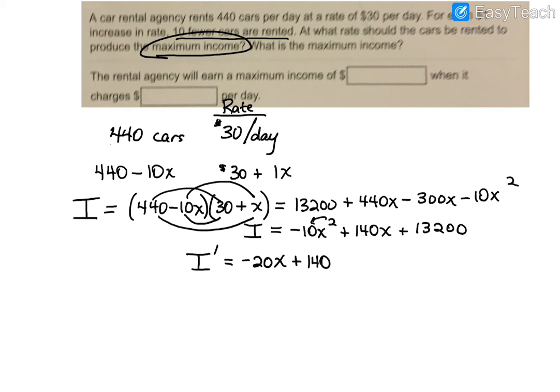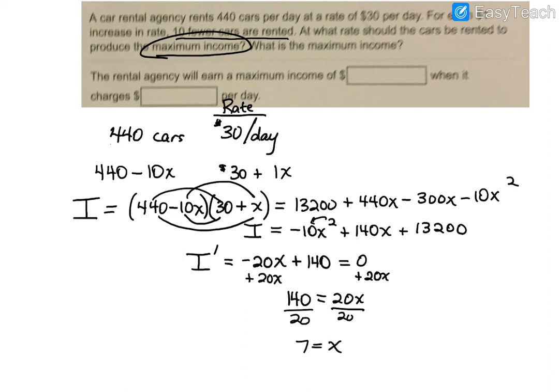And then the derivative of the constant is 0. If I set my first derivative equal to 0 so that I can solve, I'm going to add 20x to both sides. So 140 is going to equal 20x. And then when I divide both sides by 20, I'm going to get x is equal to 7.